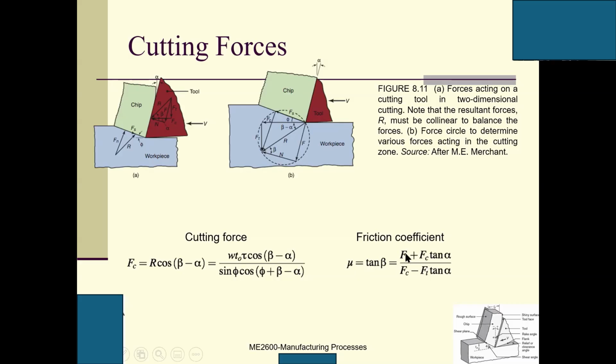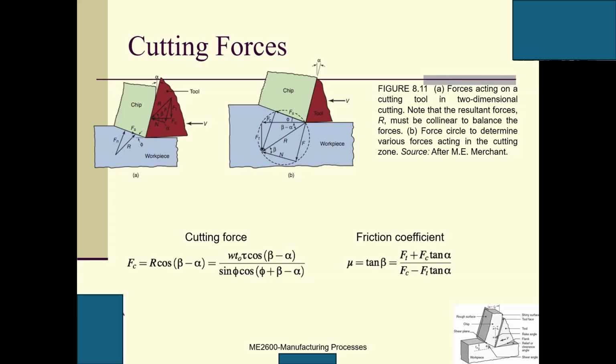And we express mu using Ft and Fc because when we use the dynamometer to record the cutting force, the dynamometer is usually mounted such that we get the cutting force and the thrust force. You know dynamometer, right?